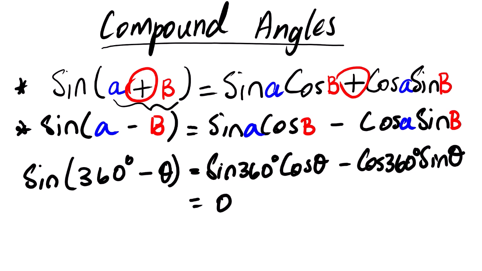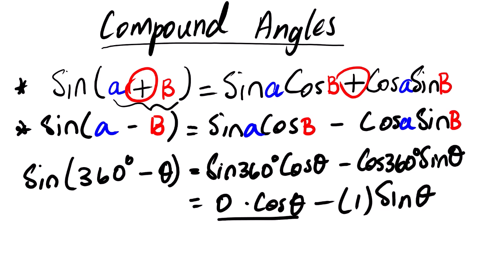Sine 360 is equal to 0 multiplied by cos theta, minus cos 360, which is equal to 1, sine theta. And then this will be 0. We're going to have negative sine theta.